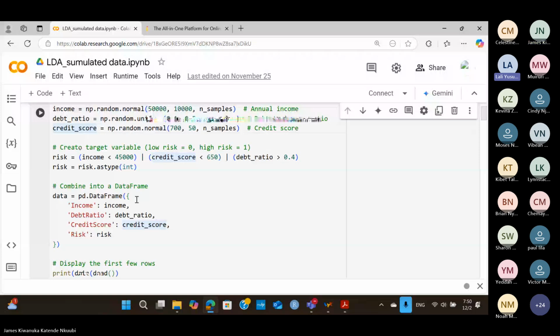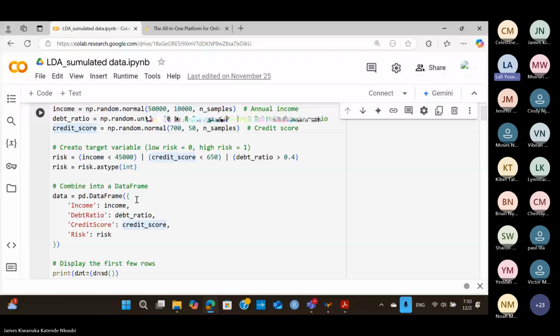I see the first cell, where we were deciding whether something is a risk or not, based on the income, credit score, and debt ratio. If I move it like this, can you see it moving? Nothing is moving.